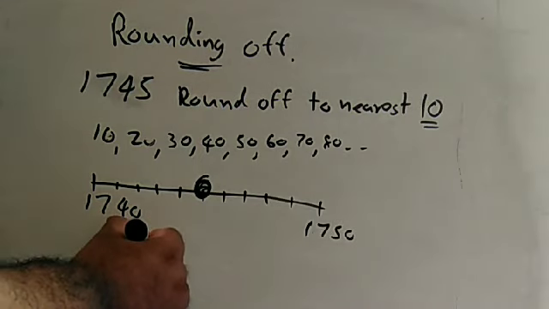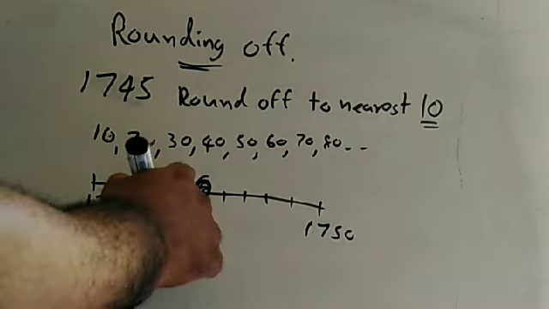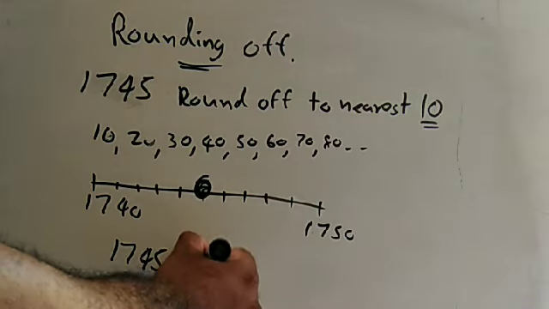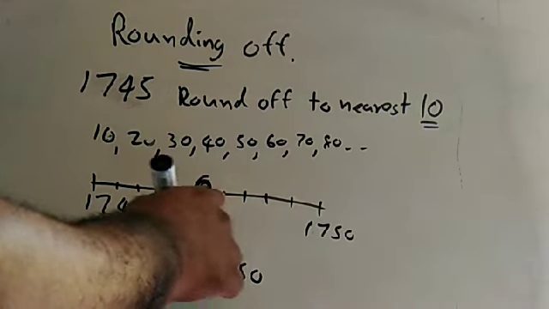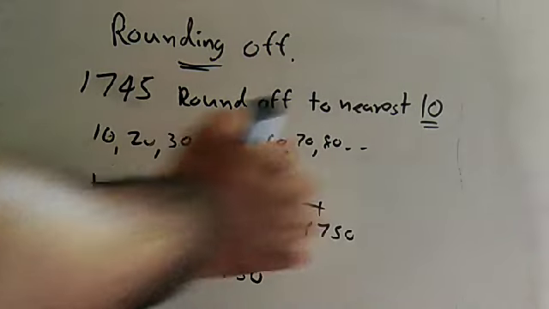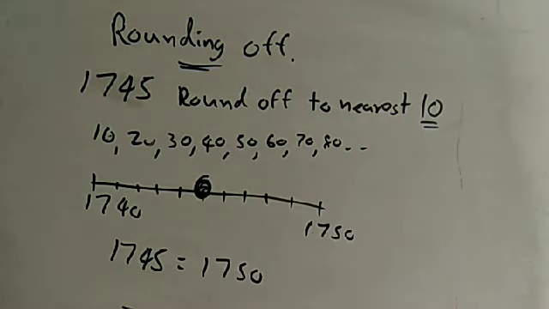Then 1745, when rounding off to the nearest 10, the answer is 1750. Then you should know something.